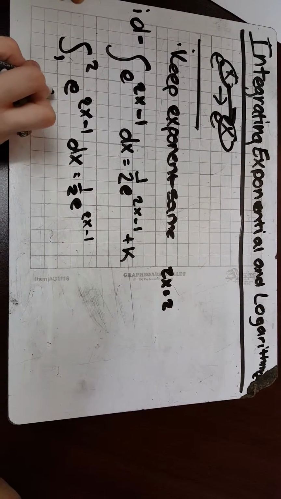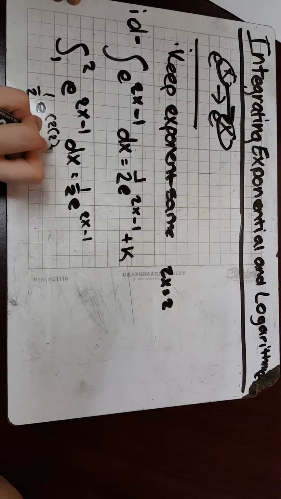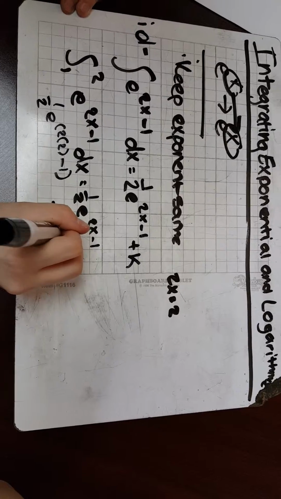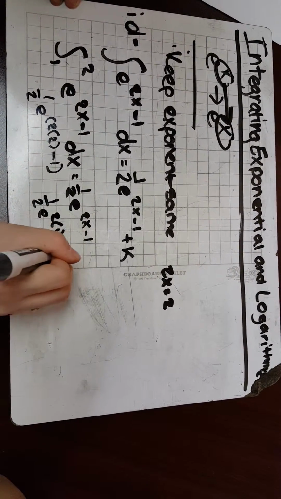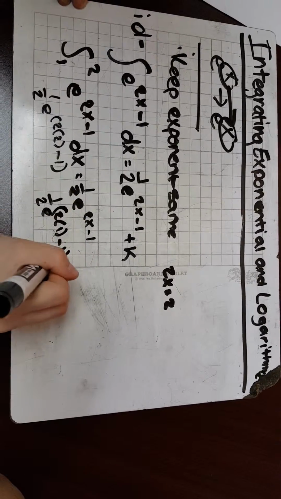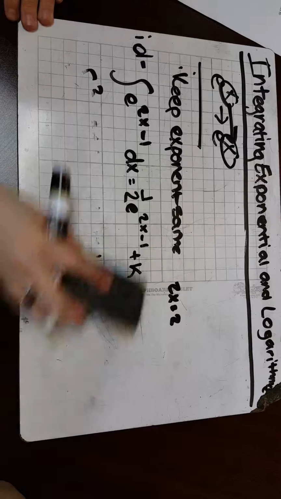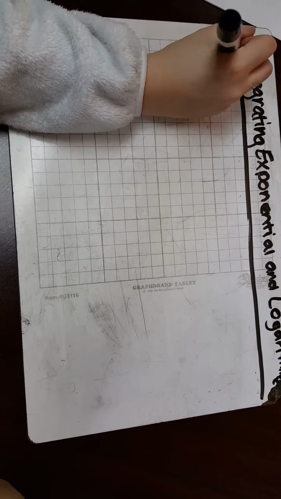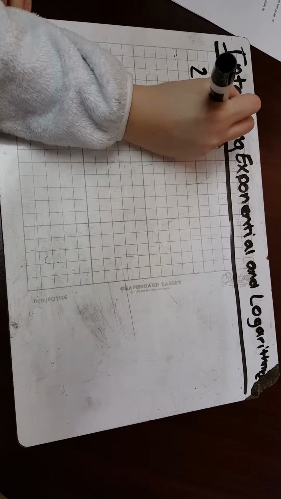So now you plug in your points. So this is 1/2 e to 1 minus 1. I ran out of room, so I'm going to erase this. So you know that 2e to the 2.